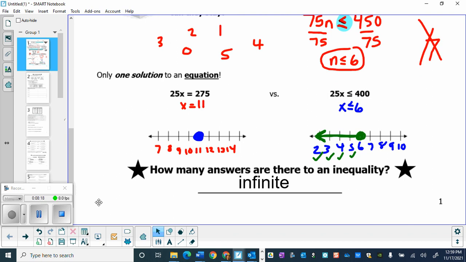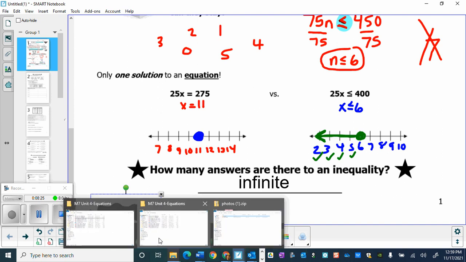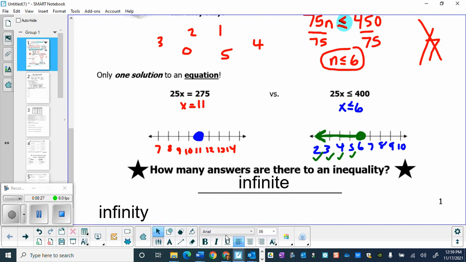I know a lot of you have heard of the word infinity. Infinity is the idea that the numbers go on forever and ever, and that is used with this symbol. So if I ask how many answers there are to this, well, it could go on forever and ever as long as it's less than 6. So we would say that that's an infinite number of answers.